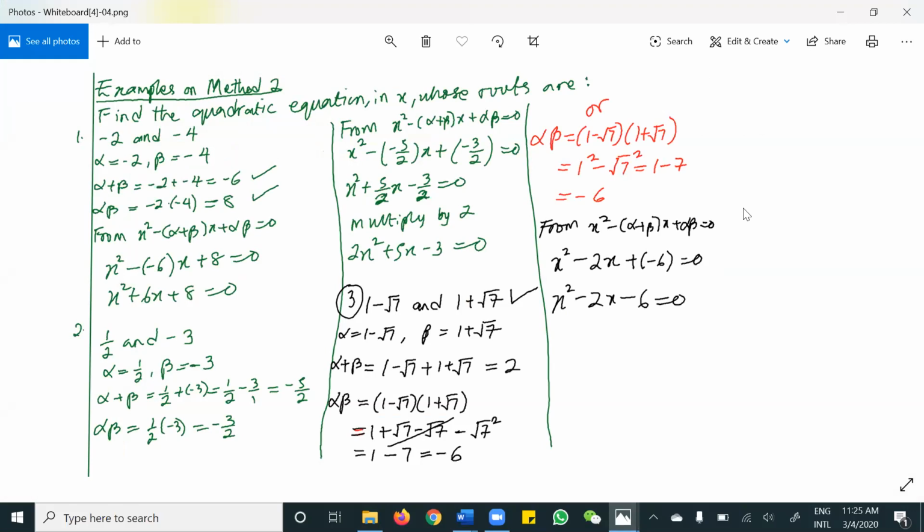Shelley, I got your first one. Candy, this method is too complicated. Let me check the second one. This method of writing alpha plus 1, beta plus 1, x, then you change it to alpha plus 1 beta plus 1.